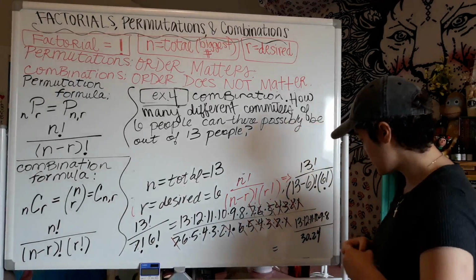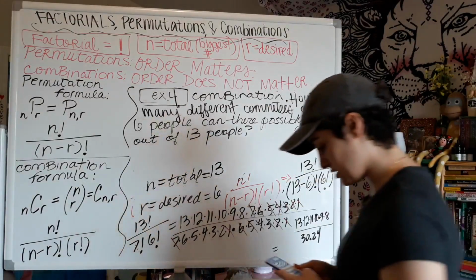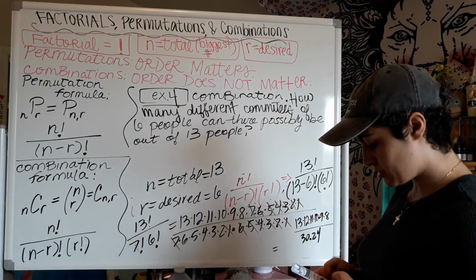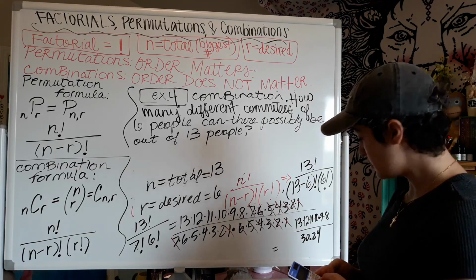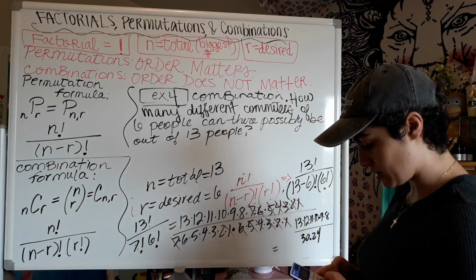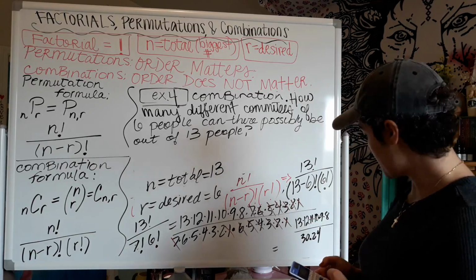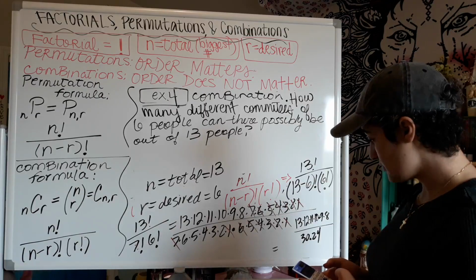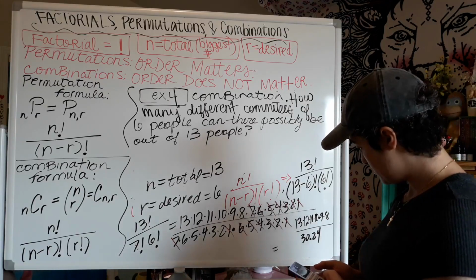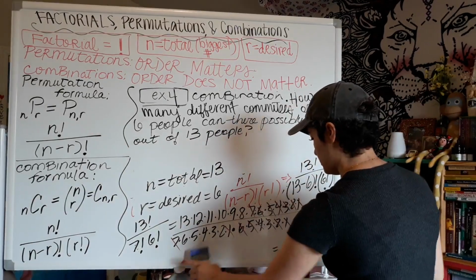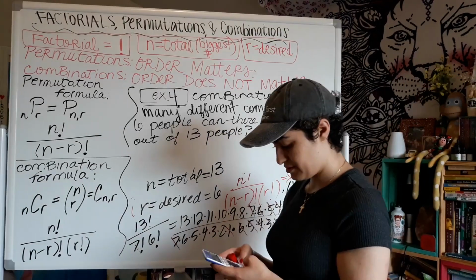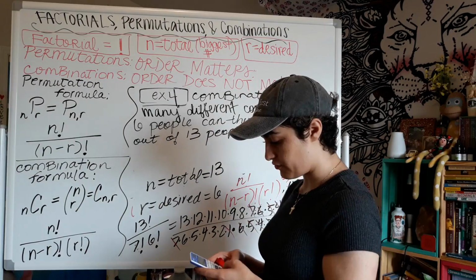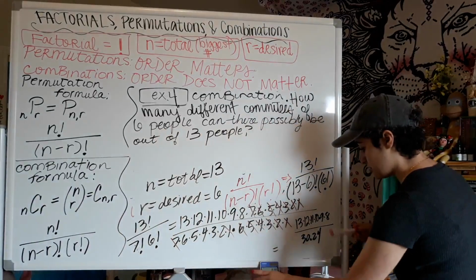So you're left with 13 times 12 times 11 times 10 times 9 times 8 divided by, let's do this, because I have a really simple calculator, 30 times 24, which is 720.